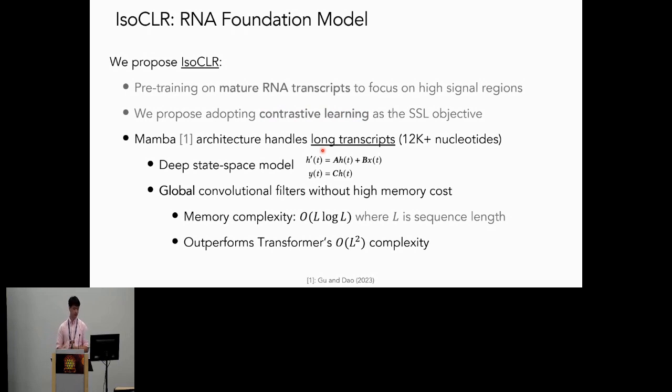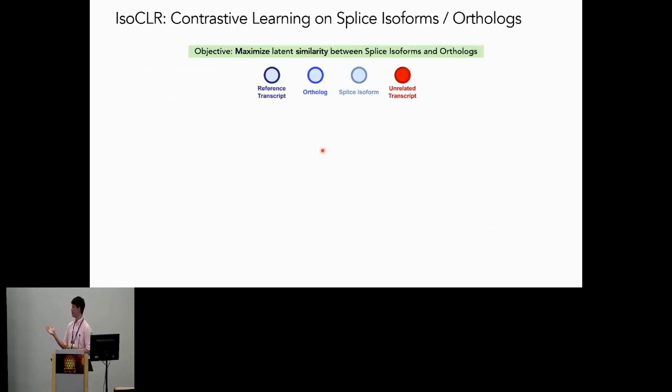Okay, so we just said that we introduced a new contrastive learning loss. What is it? So we'll go into it here. These self-supervised learning objectives aim to learn a good latent representation. So we're just going to say, let's maximize the latent similarity between splice isoforms and orthologs with any reference transcript. We'll denote each transcript's latent representation in this big model as a dot here.